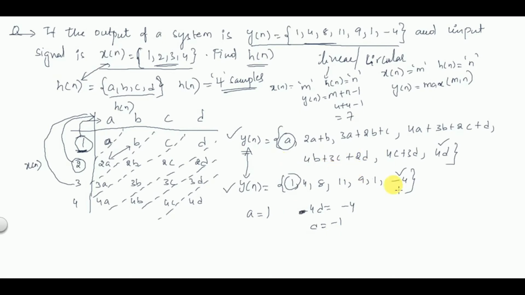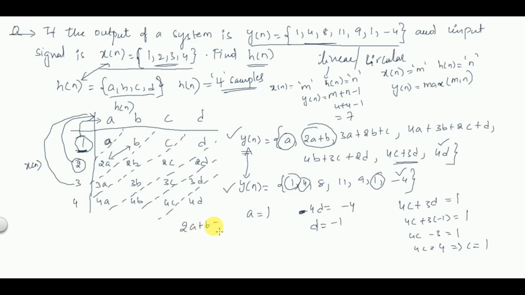And then from the next equation, 4c plus 3d is equal to 1. We have already got the value of d as minus 1. So 4c plus 3 into minus 1 is equal to 1, so 4c minus 3 is equal to 1. So 4c is equal to 4, so c is equal to 1. Similarly, if you equate 2a plus b to 4, 2a plus b is equal to 4.